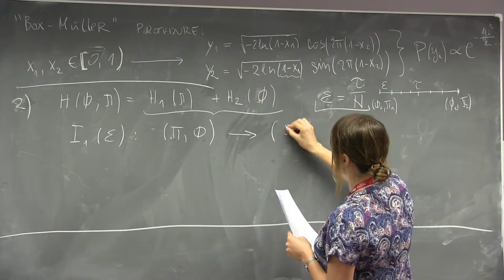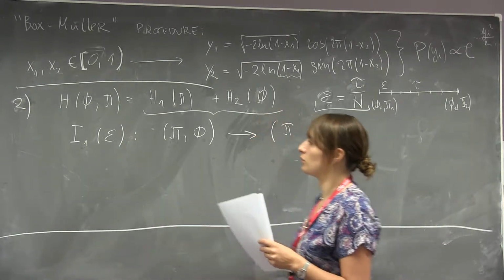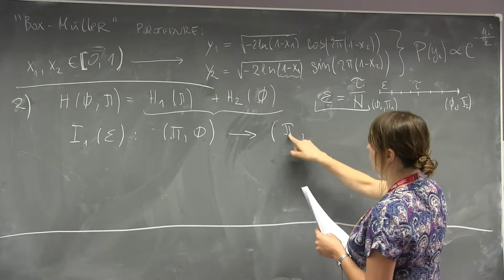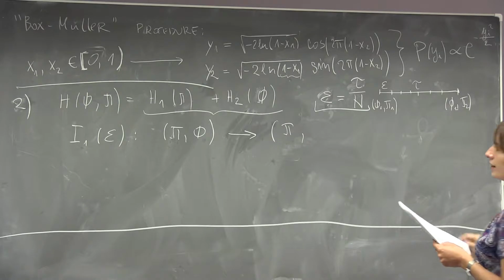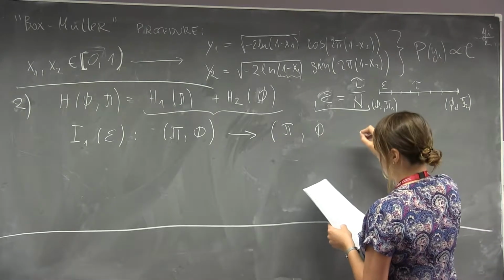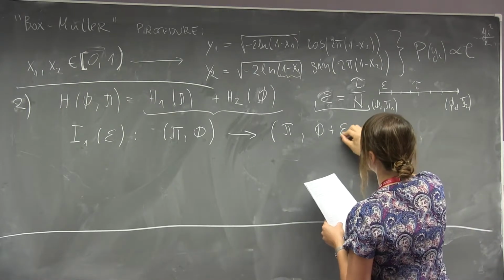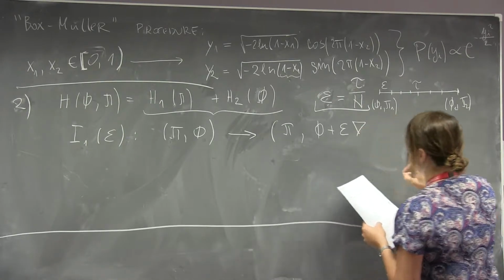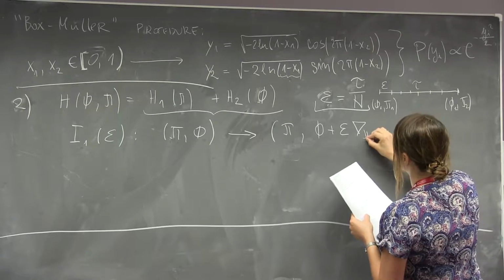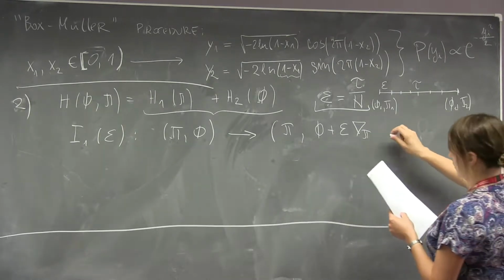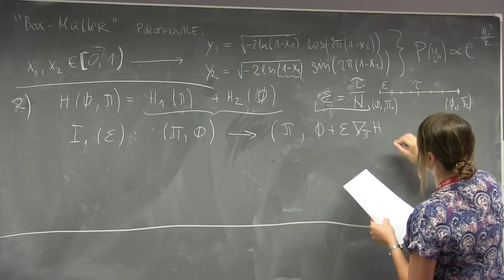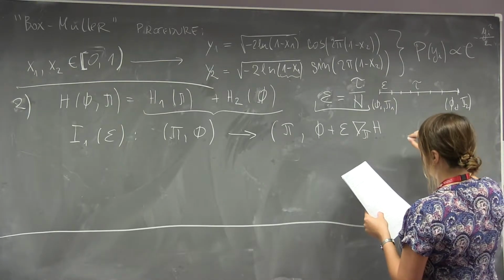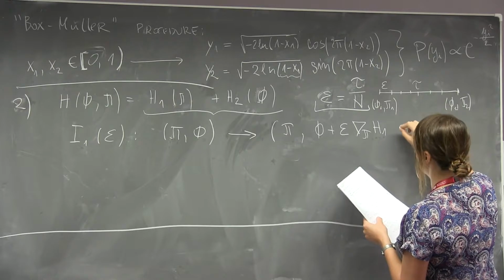So in the first step, which we will denote I1 of epsilon, the momenta pi will remain intact, but the field variables will be updated by some expression, which we will later define as Monte Carlo forces.